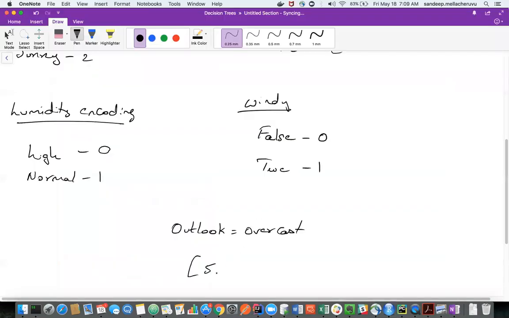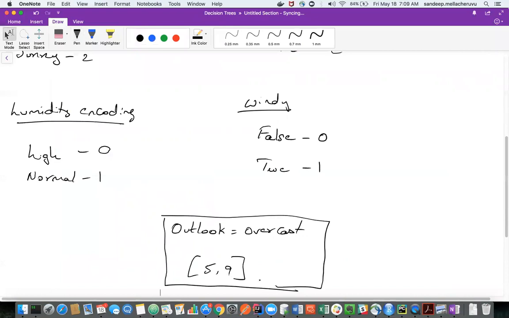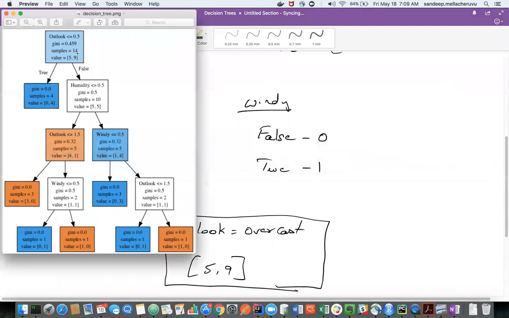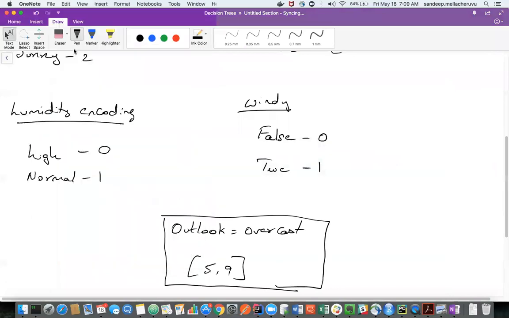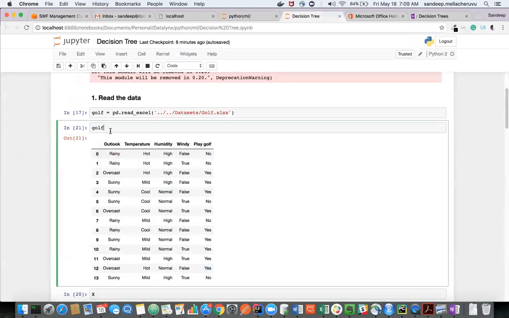So before splitting on overcast, I have 5 times I did not play golf and 9 times I played golf. That's why I create a node using 5, 9. That is the first node.